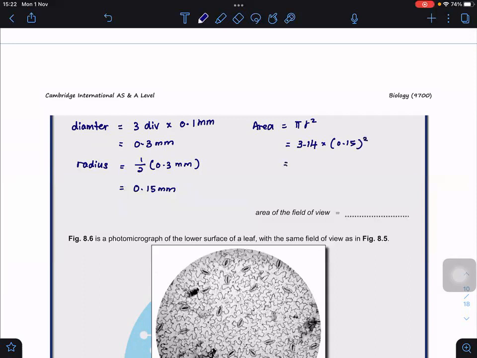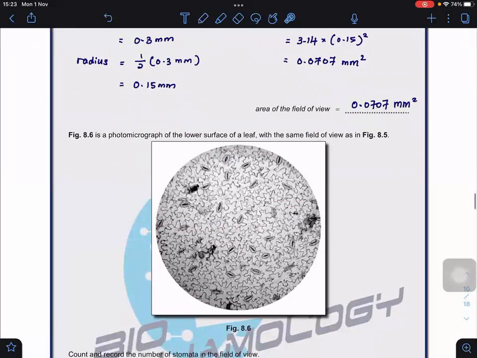Therefore, if you calculate 3.14 multiplied by 0.15 squared, you will get the answer 0.0707, because of 3 significant figures. So the answer is 0.0707 millimeter squared. Okay, so the area of the field of view is 0.0707 millimeter squared.